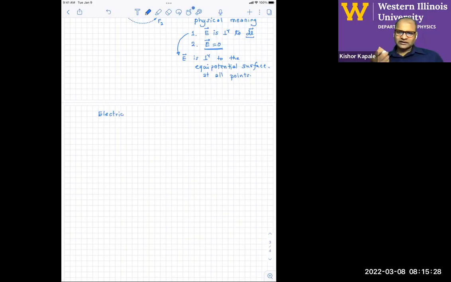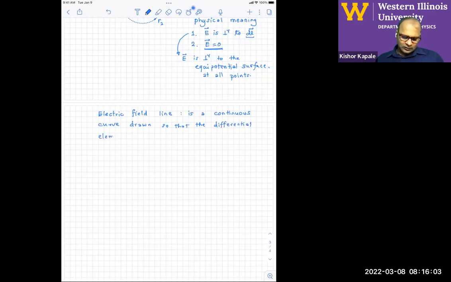We figured out the direction of the electric field on the equipotential surface. But what happens if you veer away from that equipotential surface? Which direction should we be going? So an electric field line is a continuous curve drawn so that the differential element of, say, arc length dl points in the direction of E of r at all points on that line, right?